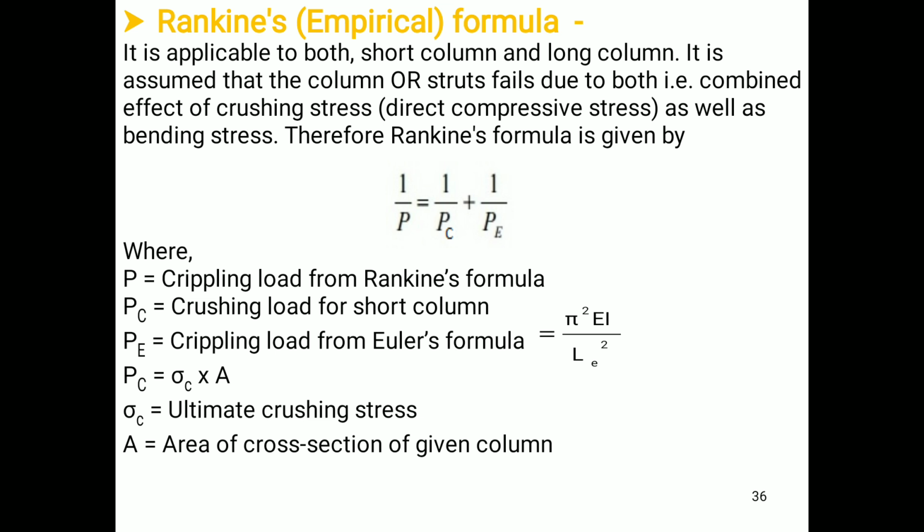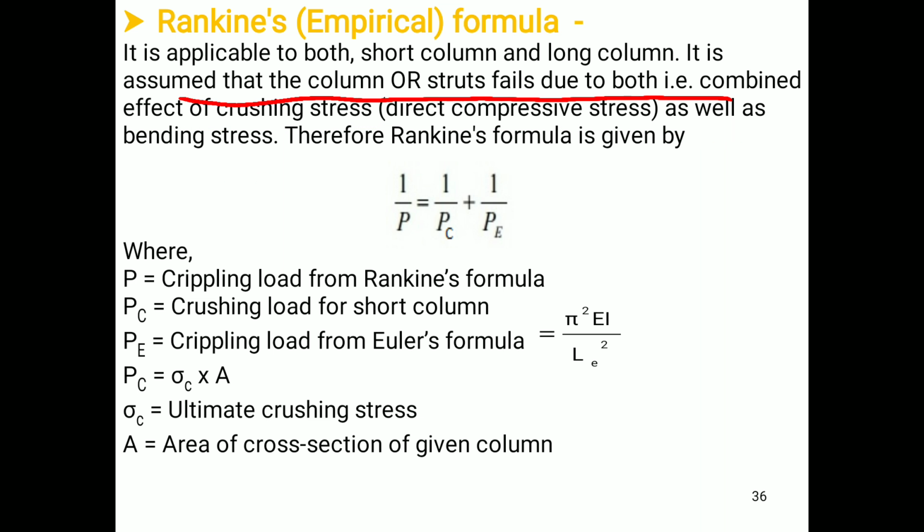So Rankine formula is also known as an empirical formula. So what does it mean? The Rankine formula is applicable to both short columns as well as long columns. It is assumed that the column or the strut fails due to the combined effect of crushing stress, which is also known as direct compressive stress, as well as the bending stress.